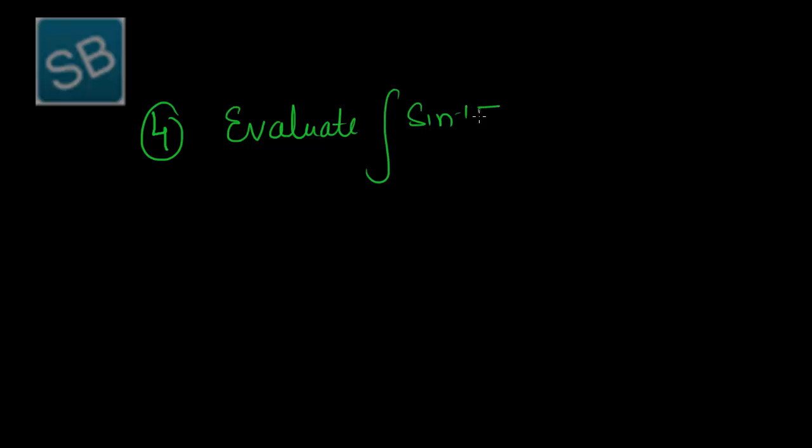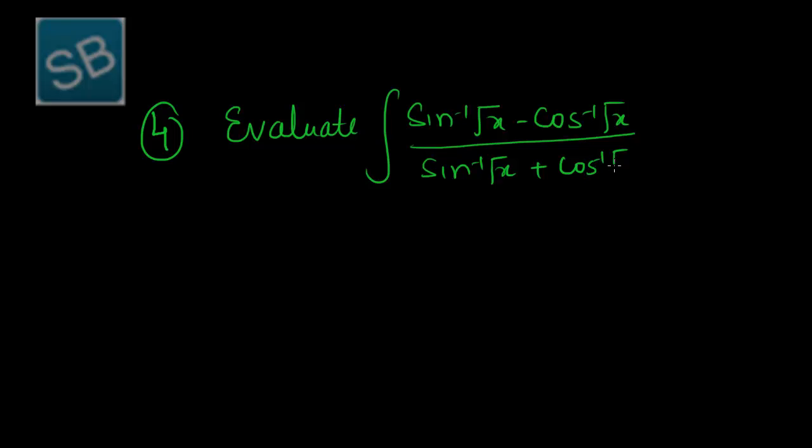Now the next problem to be discussed, that is the fourth one: evaluate the integral of (sin inverse root x minus cos inverse root x) over (sin inverse root x plus cos inverse root x) dx.